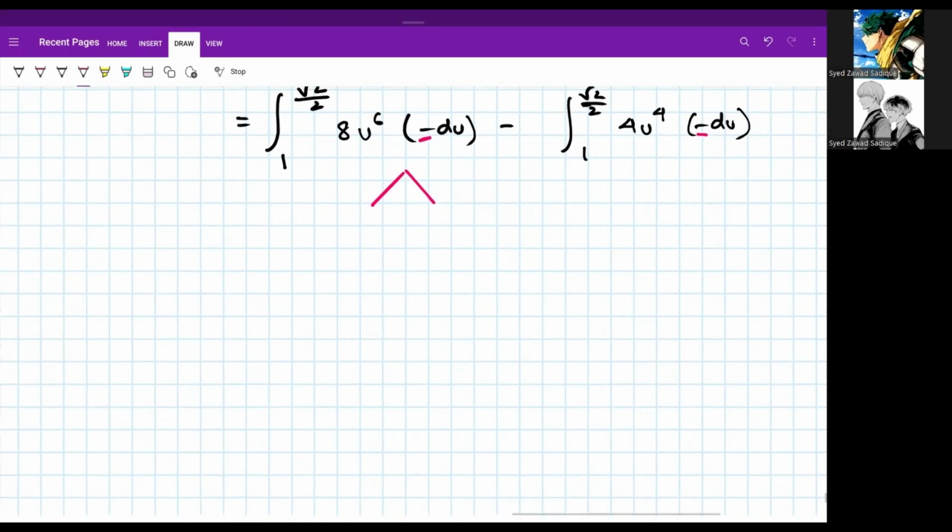One, you could write the integral from root 2 by 2 to 1 of minus 8 u to the power 6 du, keeping the negative with the constant. That's one way.